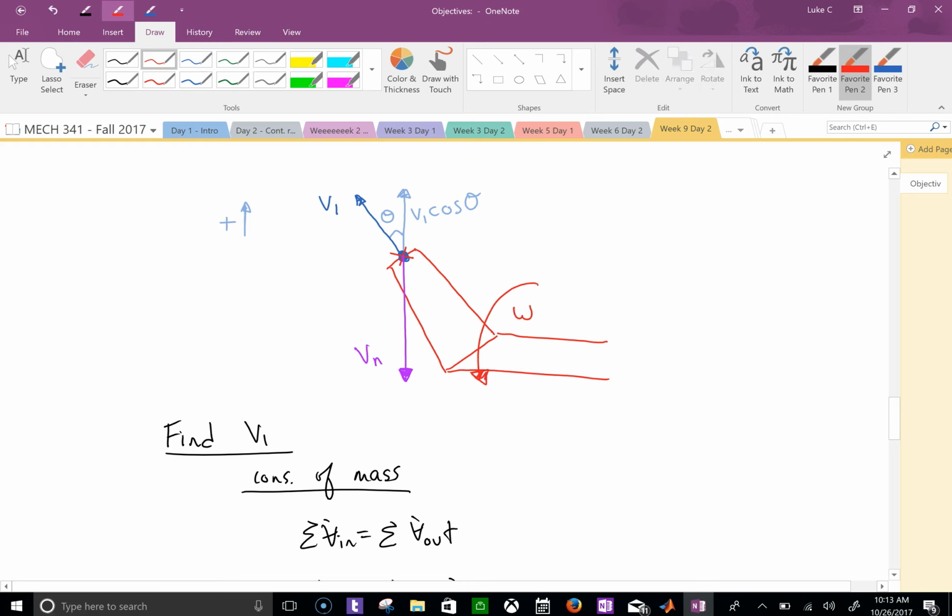No, the sprinkler's moving that way. Oh, that's the nozzle, or the sprinkler, that's moving. Up there, V1 cosine theta, what'd I say this was? Relative. Okay. So the actual jet is there, right? Because it subtracts, so it's smaller. Other questions?